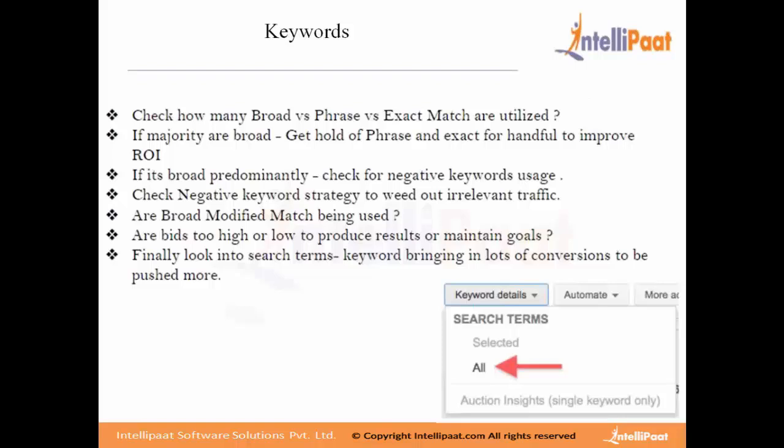There is no strict formula on which match type works the best. There can be different situations for every different business. If the majority are broad, then get hold of phrase and exact for a few of them so that you can evaluate how things are working.